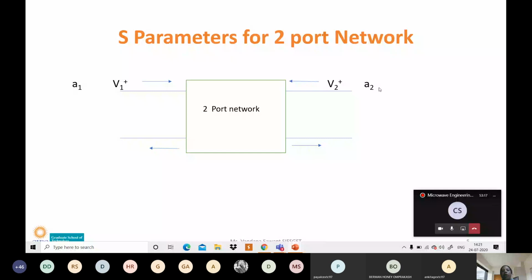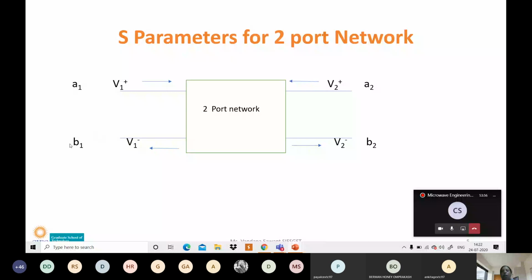Now see, at port number 1, as I have told you, the whole signal will not get accepted by the network. Some signal gets reflected back, and this back reflected signal is indicated by V1 minus. We indicate the normalized back reflected wave by the letter B, so that will become B1 in case of port 1.